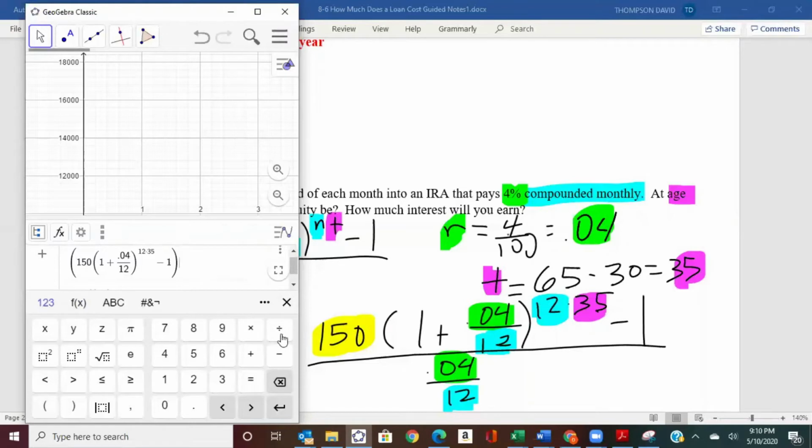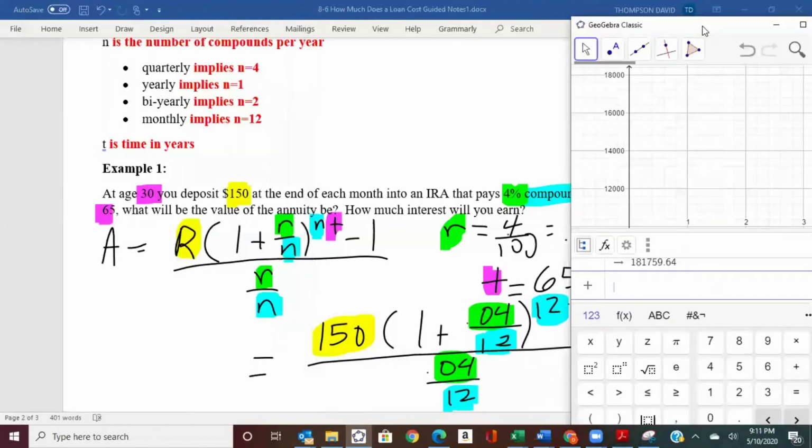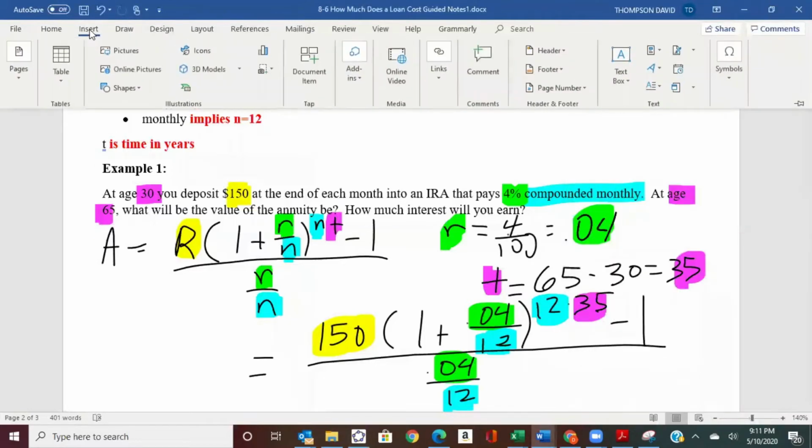So that way we're dividing the whole top by the bottom. And then we're going to do 0.04 divided by 12. And we get 181,759.64. That's a lot of money within 35 years.